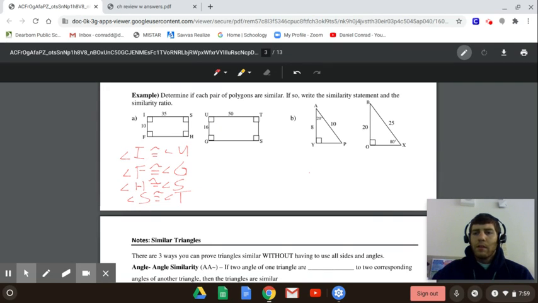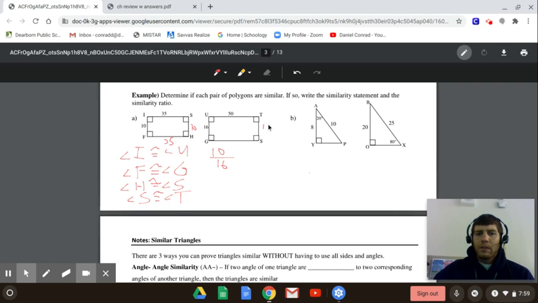And then the other thing is that their sides are proportional. So the ratios that we can make with all the corresponding sides, those should all be equal. The sides are proportional. So if we look at this figure, we have 10 over 16. And then again, this side would be 10, and this side would be 35.